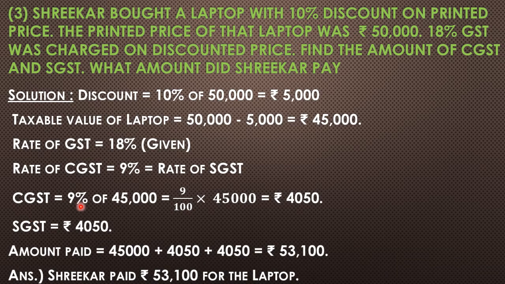CGST will be 9% of 45,000, that is 9 by 100 into 45,000, which is 4,050. If CGST is 4,050, then SGST is also 4,050. The amount paid by Shrikar will be the taxable value 45,000 plus CGST plus SGST, that is rupees 53,100. So Shrikar paid rupees 53,100 for the laptop.